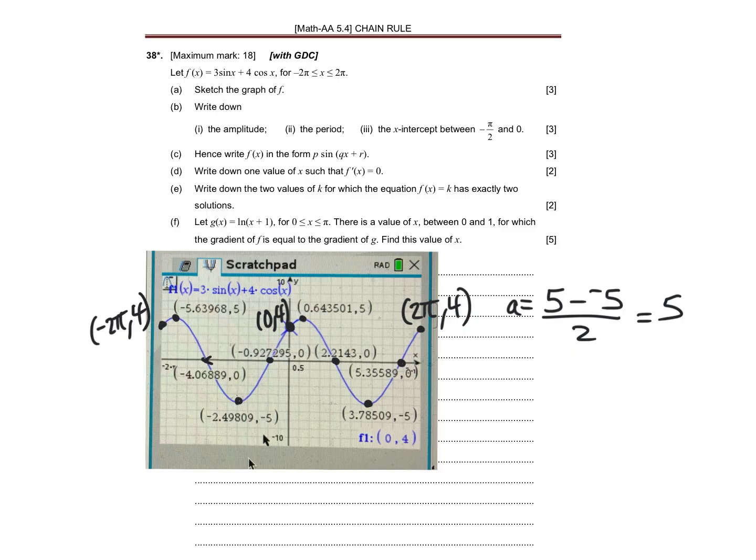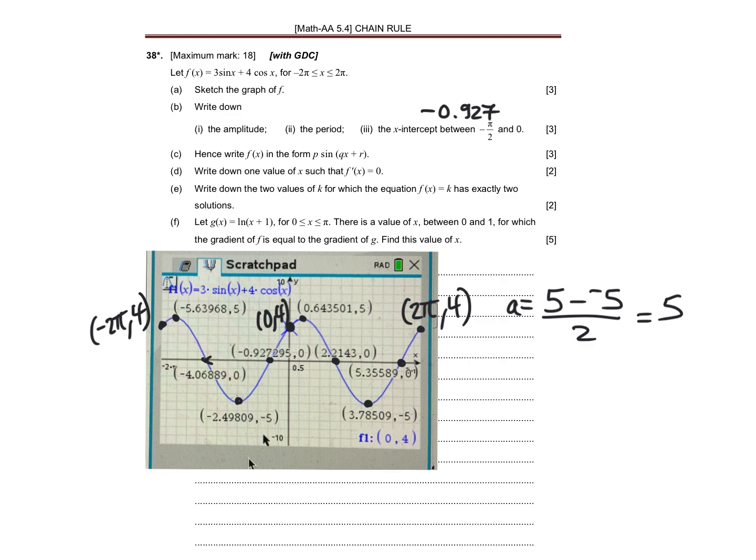The period, so the x-intercept between negative pi over 2 and 0 is negative 0.927. The period is between, I'll just do a min and a min.